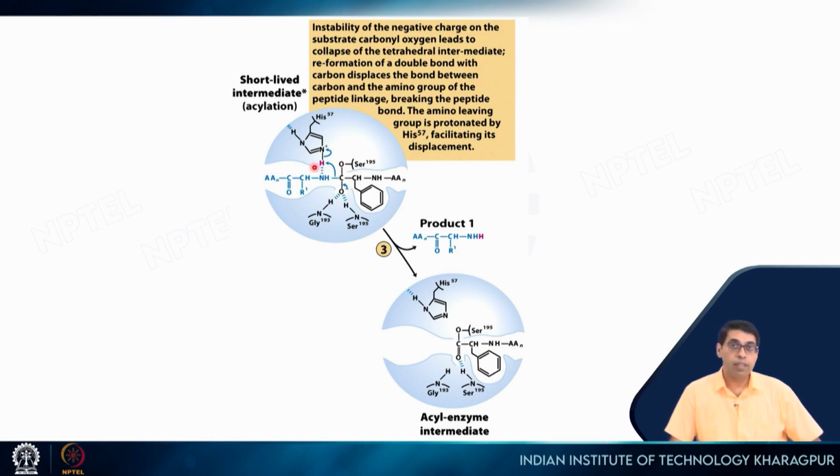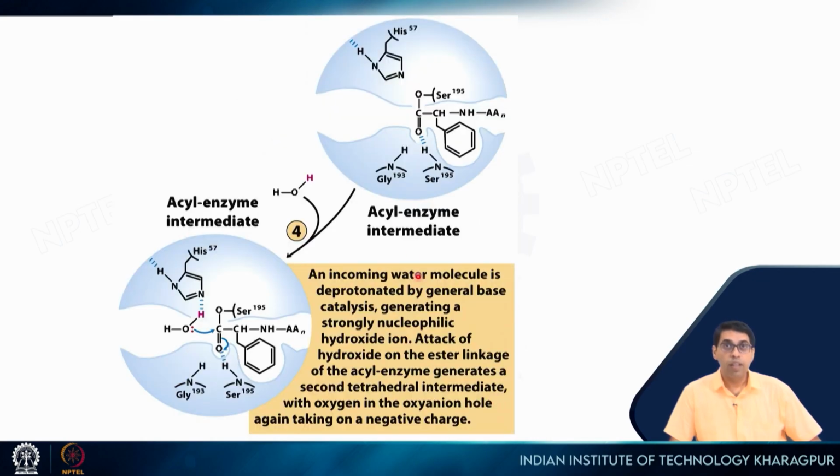So it drives the reaction forward. So this bond breaks, the first amino acid is released, and now the second part is covalently linked to the serine by this ester linkage. So that's the acyl enzyme intermediate, right?